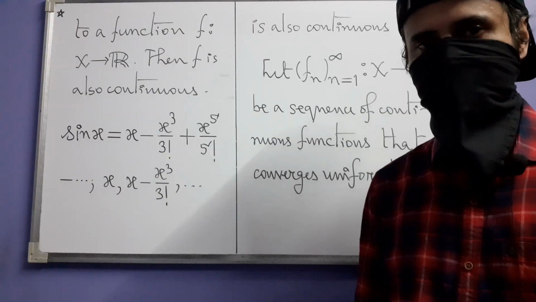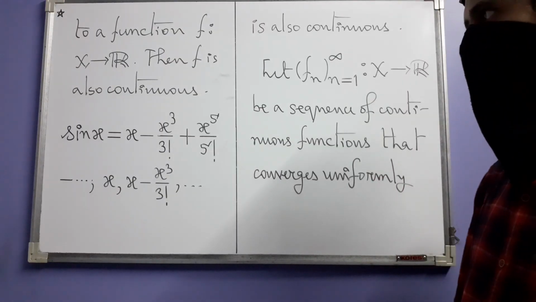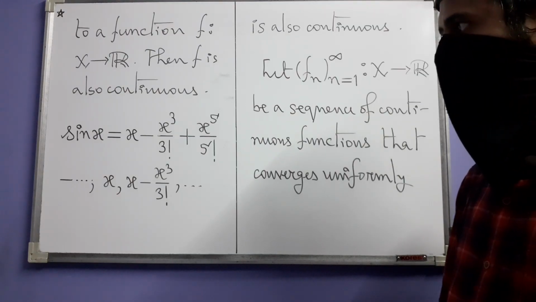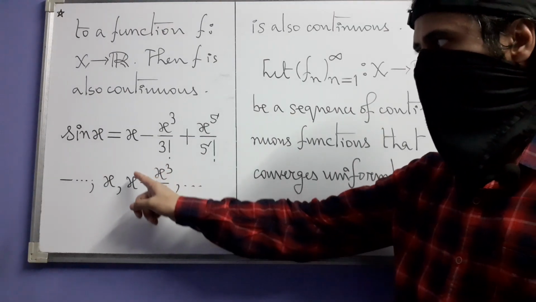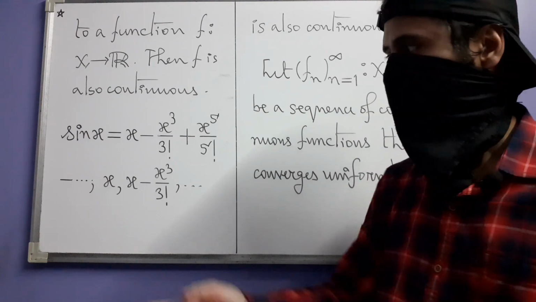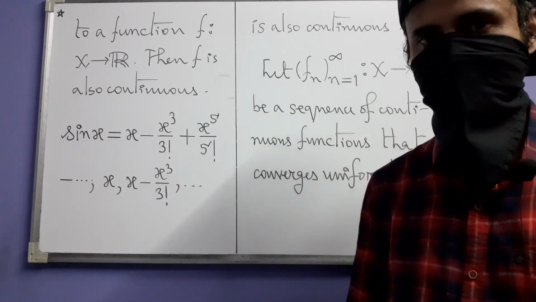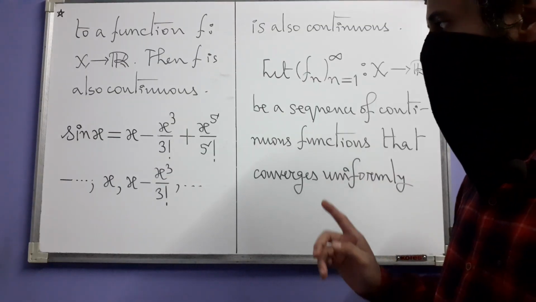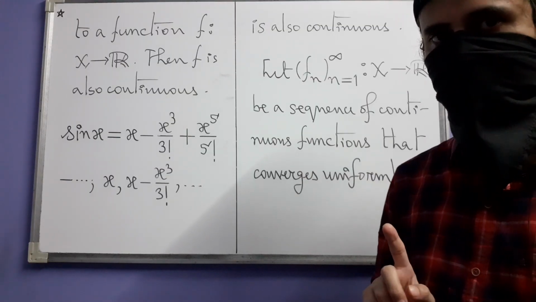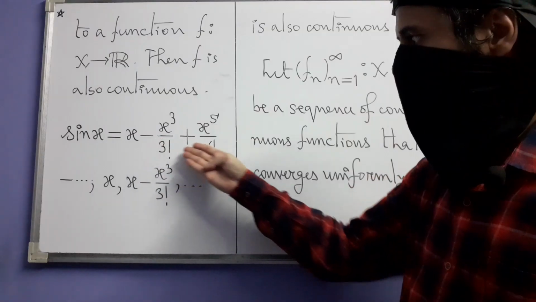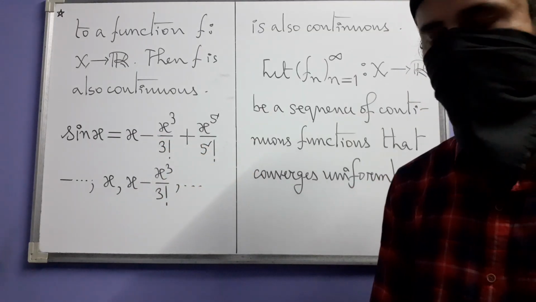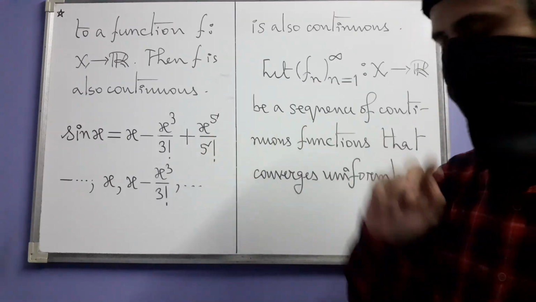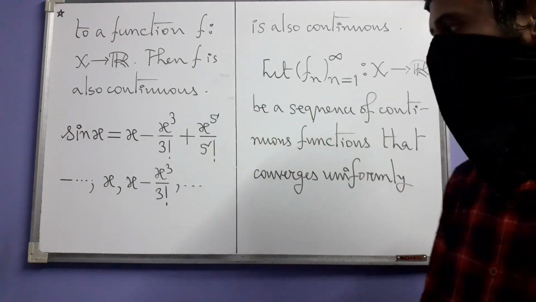Now this result of course is nothing new to you. You already know this from analysis, and it is used, for example, to show that functions like this are continuous. The sine function, for example. Instead of relying on geometry to define sine function, one can analytically define sine function using this infinite series: x minus x cube over 3 factorial plus x to the power 5 over 5 factorial and so on.